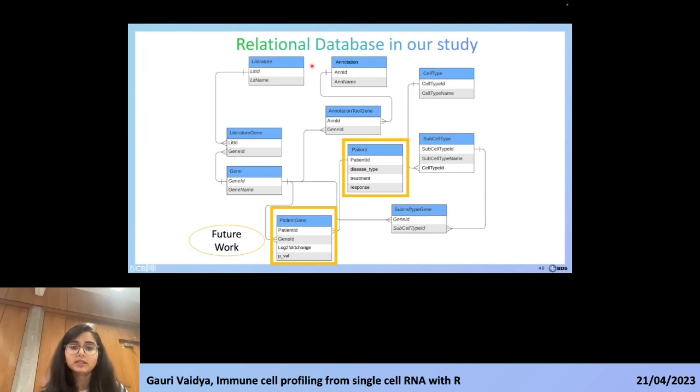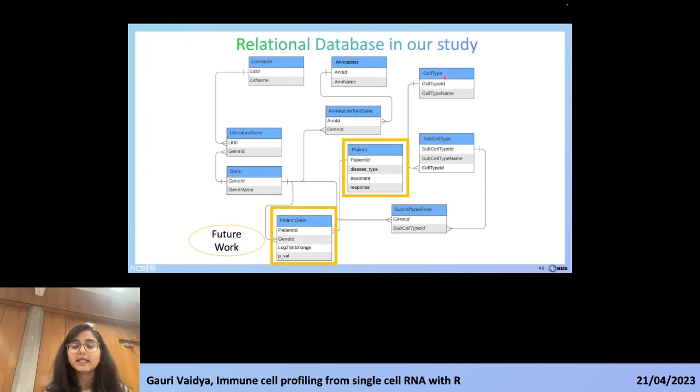Another important entity in our database is the annotation, which represents all the annotation tools. For now we have only three different annotation tools, but there exist a lot of different annotation tools which can be further added, and this can also serve as an important source of information.